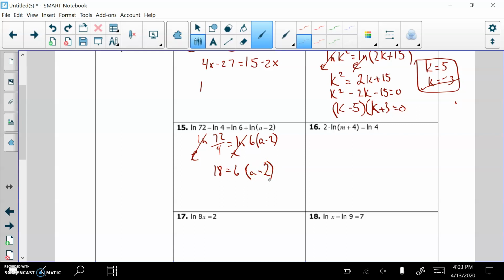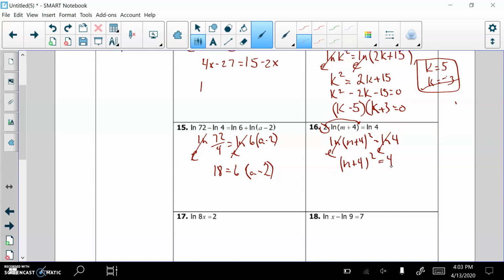And you guys can figure that out from there. Number 16, we've got to condense this 2 onto the m plus 4. So we have natural log of m plus 4 squared equals natural log of 4. Exponentiate, cancel, cancel. M plus 4 quantity squared is equal to 4.